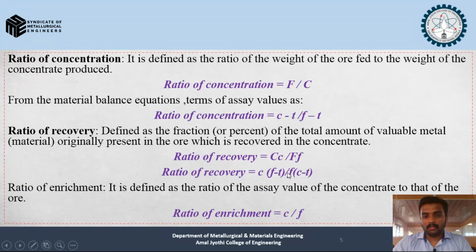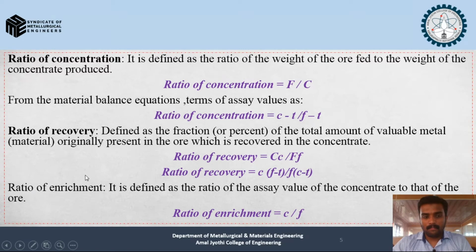If you reduce tailing with our feed equation, we end up in terms of assay value. Assay value means the valuable mineral present. Make sure that whenever the term t comes, that is termed the assay value, we are finding the assay value formula, and these are the general terms for ratio of concentration as well as ratio of recovery.